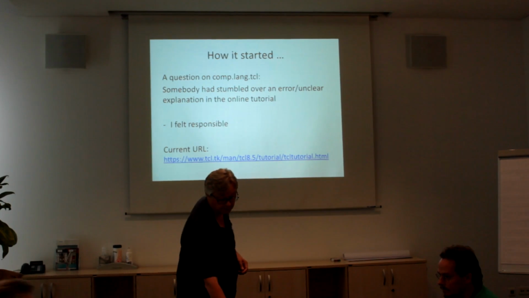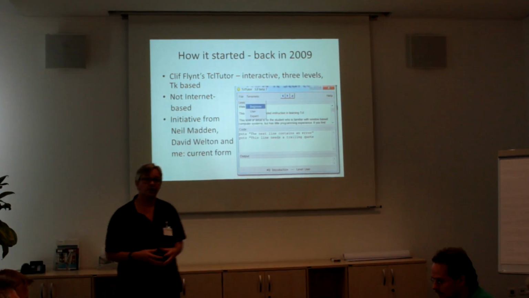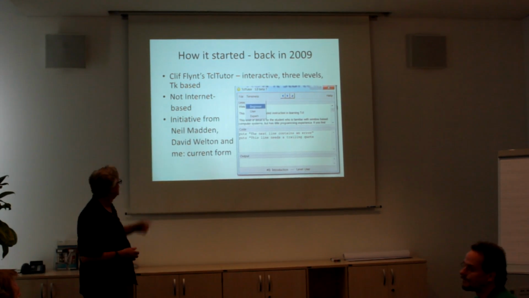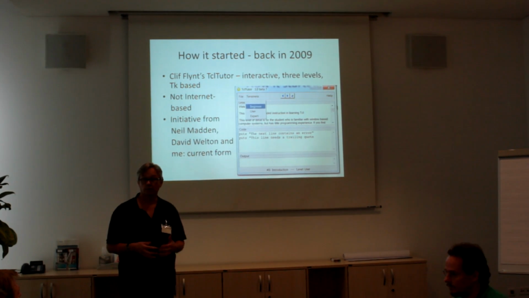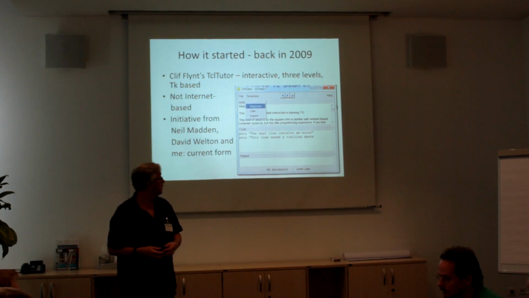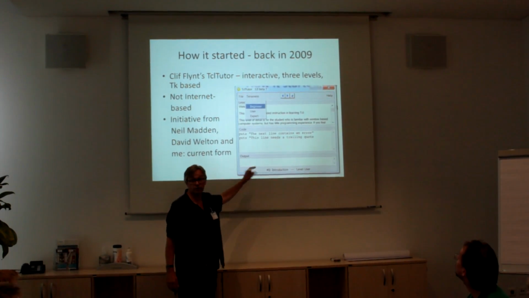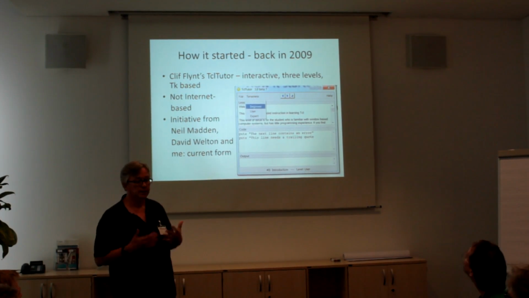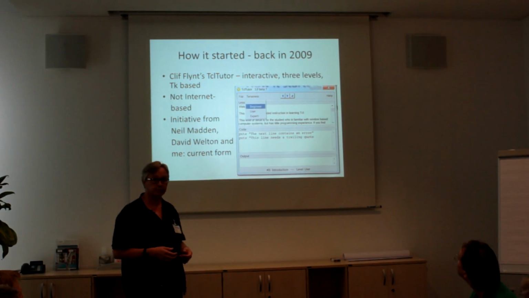So let's go back to 2009, when it all started, at least as far as I'm concerned. We took Clif Flynt's TclOO tutorial, and this is a screenshot of the last version. It's Tk based. It has an interactive interface.